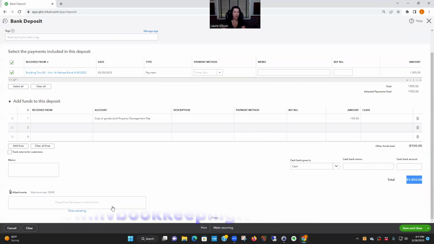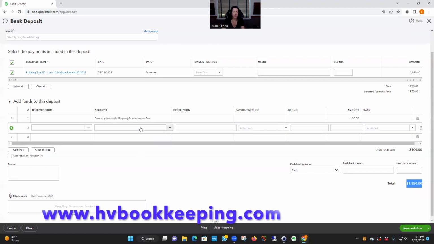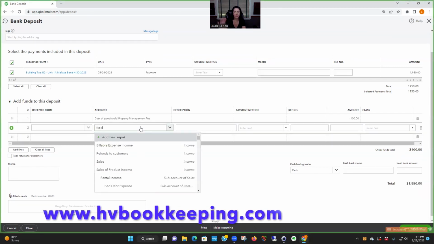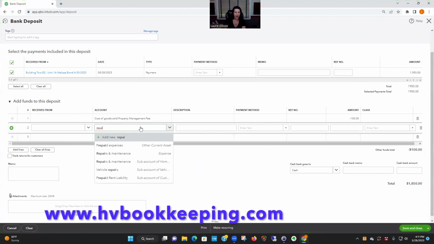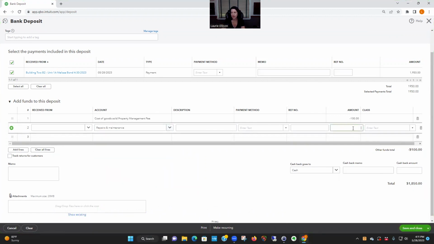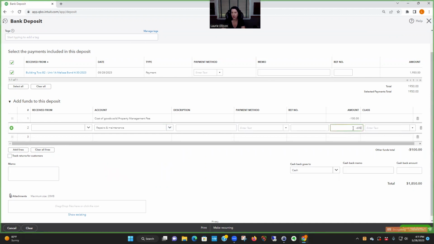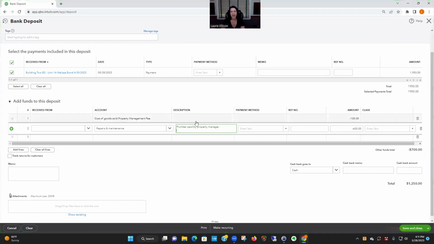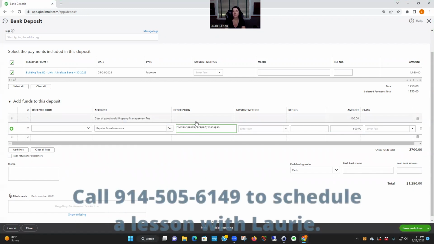You could also do it if the property manager took money for repairs and maintenance. Let's say we're not tying a property management escrow account. There's plenty of reasons that might not happen. It just depends. Let's say you had to pay a plumber. They paid a plumber for you. You could just say, you know, plumber paid by property manager. Usually they have an escrow account, but you could also do this if the tenant had some sort of expense, right?